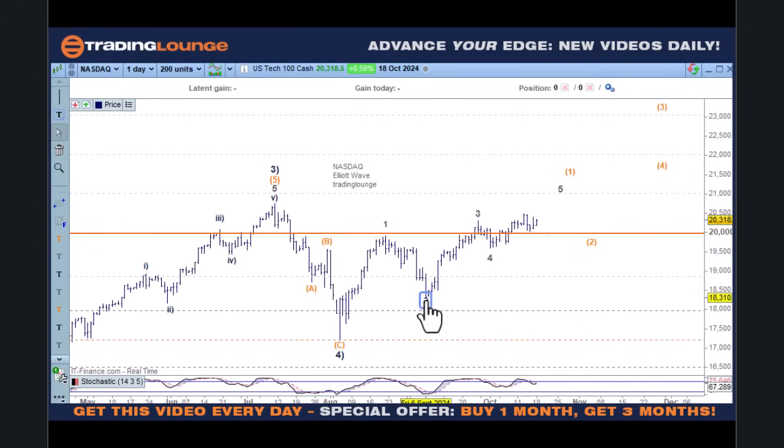So there's 2 different ways to view all this as well. But all we've been doing is really understanding both of those counts and just understanding where we are within this internal structure here, counting up here. So we'll just continue to do that. We're still seeing impulse waves to the upside, so that means that we need to stay long in the market.